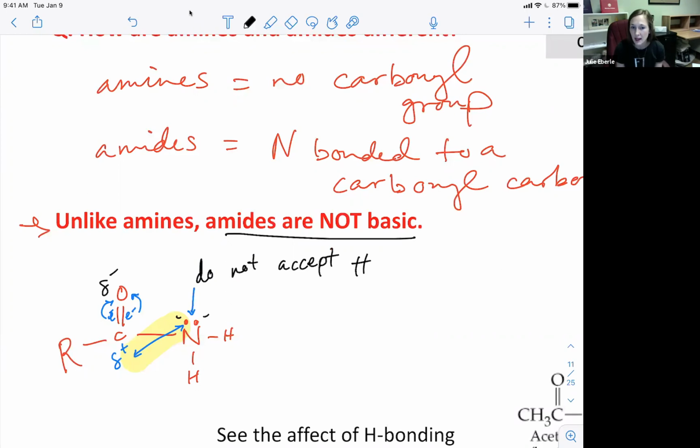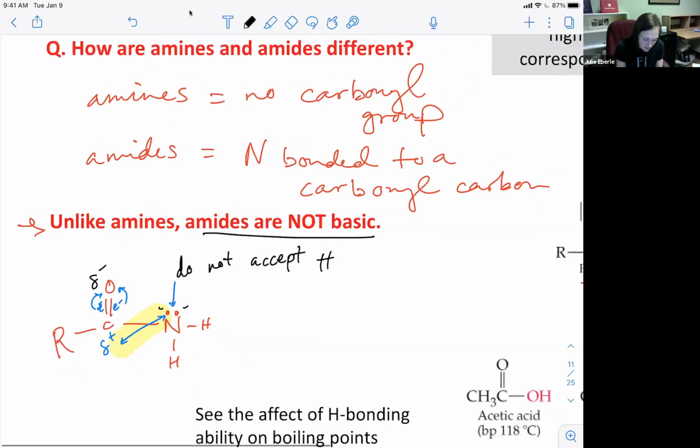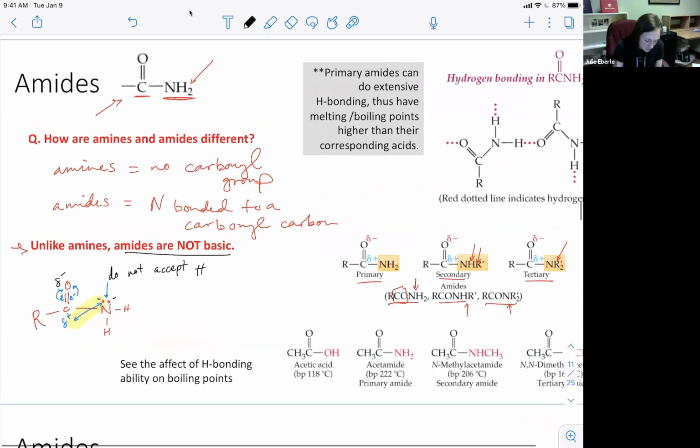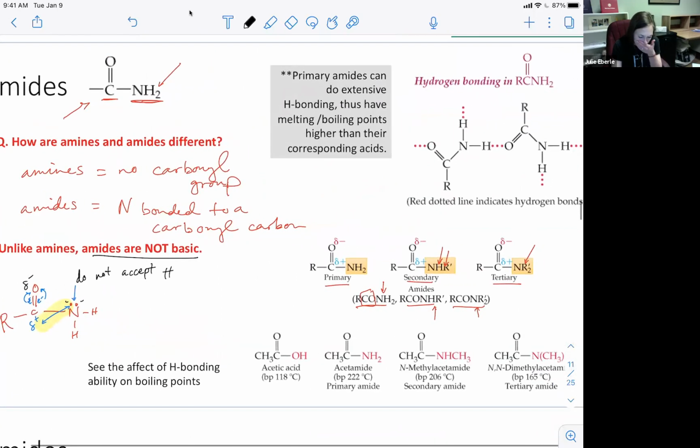That's why we're saying amides are not basic. They already got their eyes on somebody else, okay? They're not available. They're not on the market. They don't want to bond with anybody else. They're already attracted to the carbonyl carbon. That makes sense? Okay, I hope that makes sense.